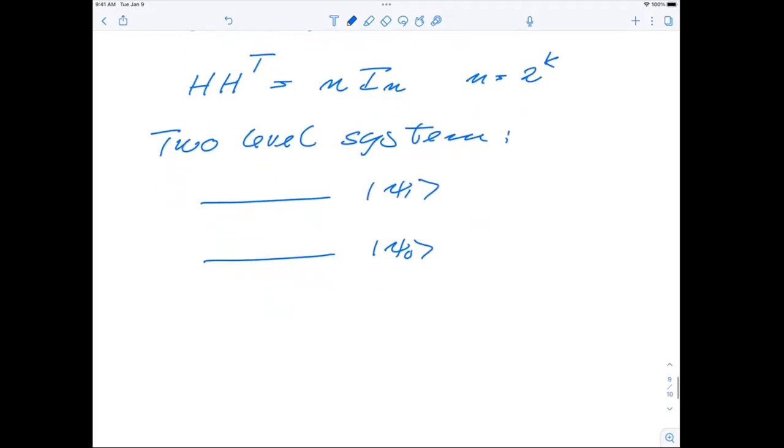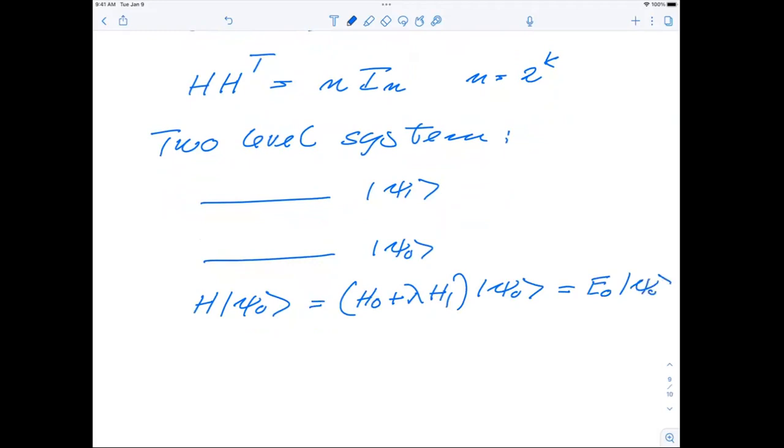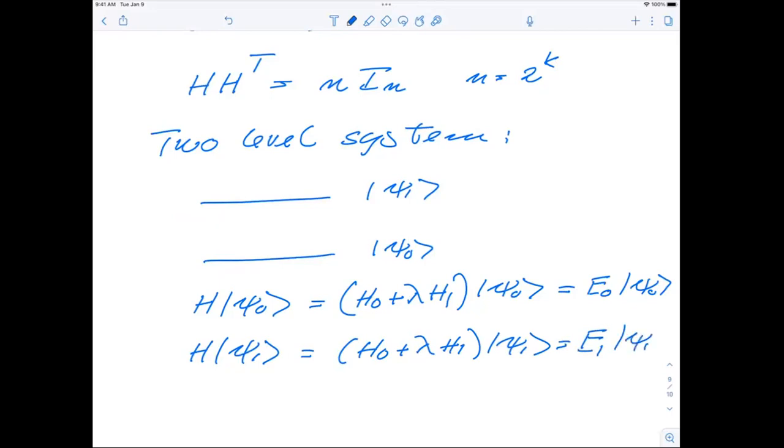These 2 states are eigensolutions of the full Hamiltonian, which contains H0 plus lambda H1, acting on psi 0, and this is given by the eigenvalue E0 multiplied with psi 0. And similarly, we have H times psi 1, which is equal to H0 plus lambda H1 acting on psi 1, and this is the same as E1 times psi 1.